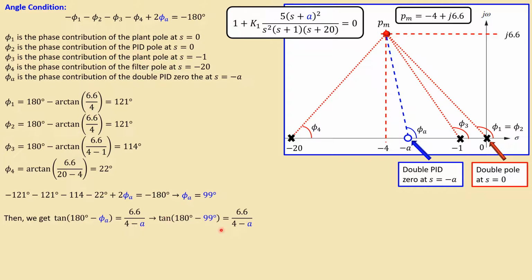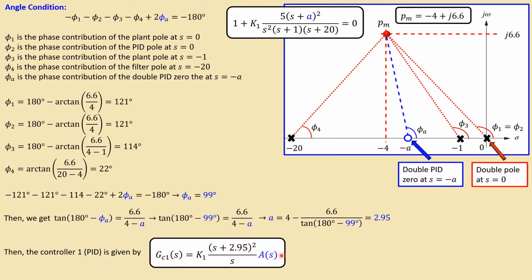Now if you do the calculations, just substitute the value for phi a, and then you will get for a 2.95, almost 3. Okay, that is the first step, and we now know for controller 1, the PID controller, that the a is known, and the small letter a, this is then the 0.